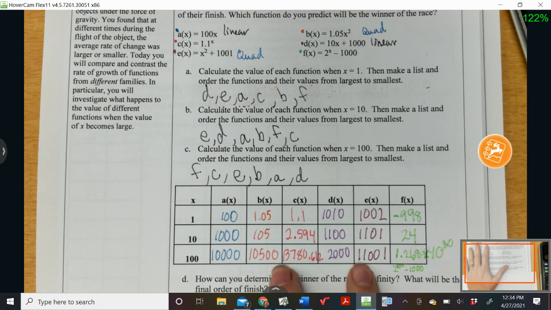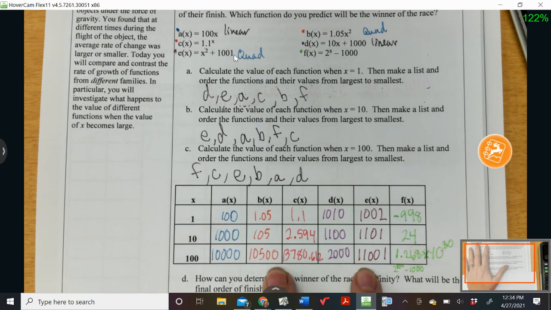B and E. Looks like probably on the next number, B will take over from E. If we went to 1,000, B would be bigger than E, because 1.05 is a little more than 1. And this 1,000 place start this guy had will basically be gone then. Okay, so that's what's going on there.